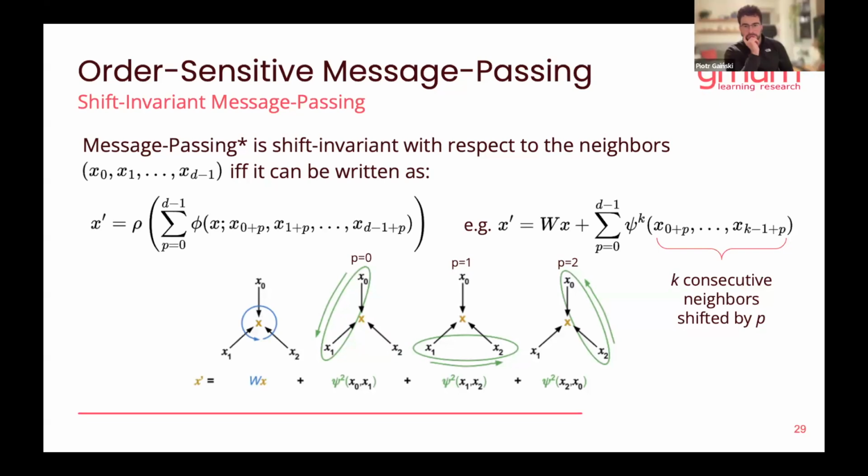Okay, yeah, sorry, it would be shift invariant and permutation invariant. Sorry, I thought that you were talking about shift invariant. Yeah, right. We don't want it to be permutation invariant. True.